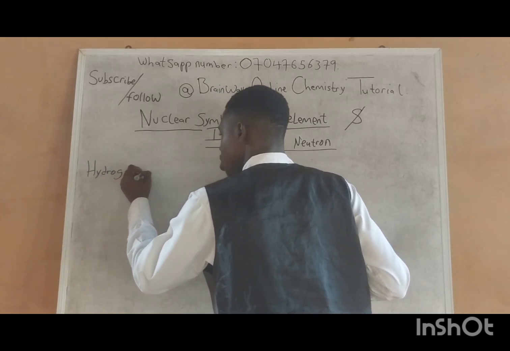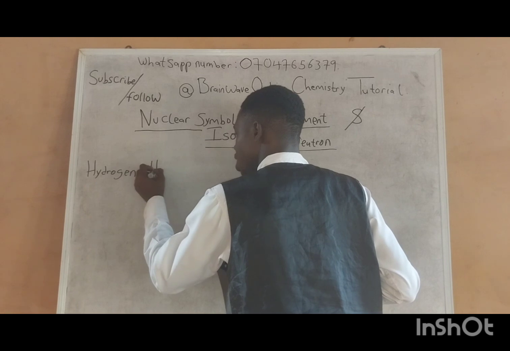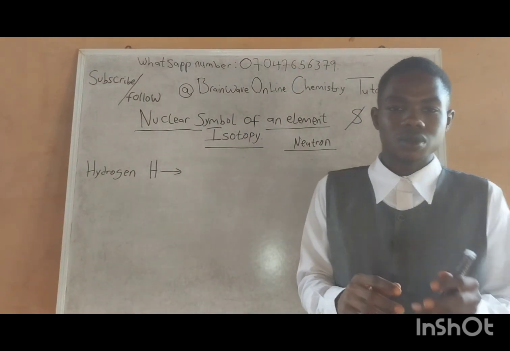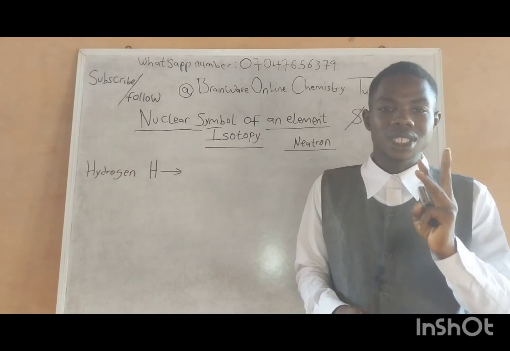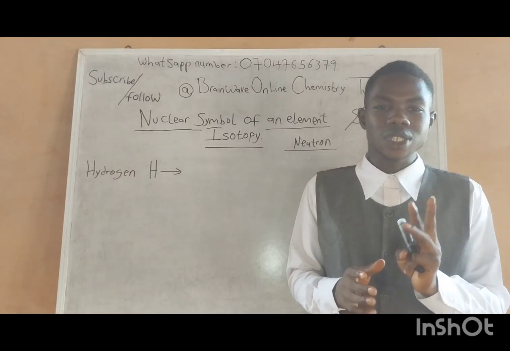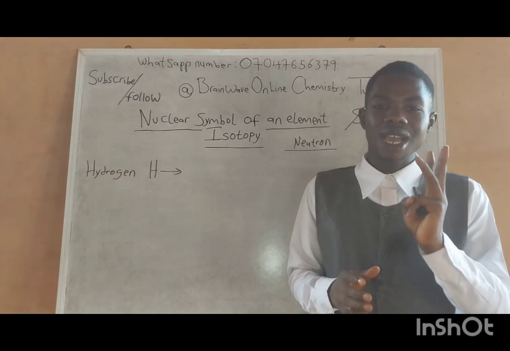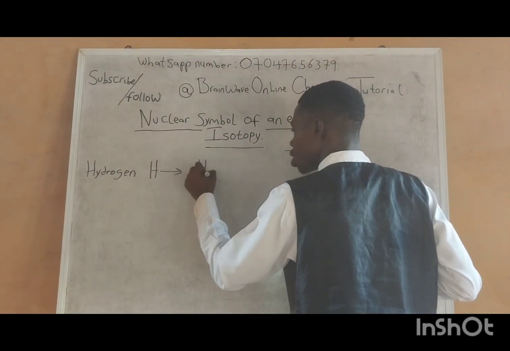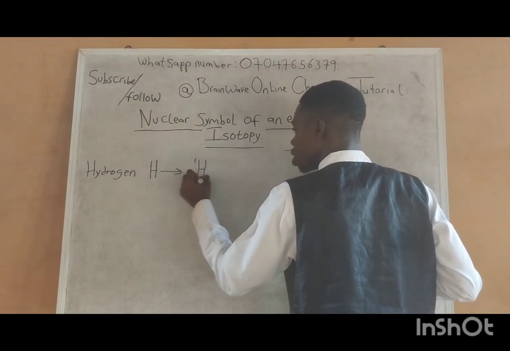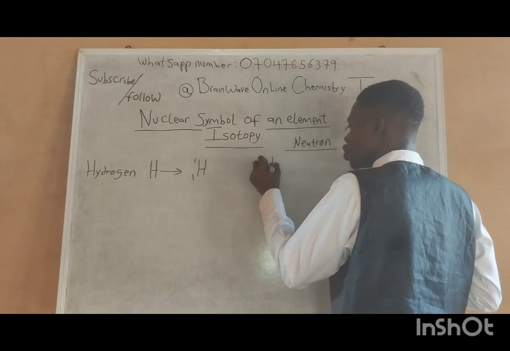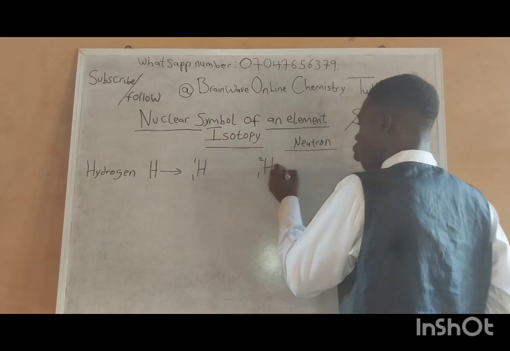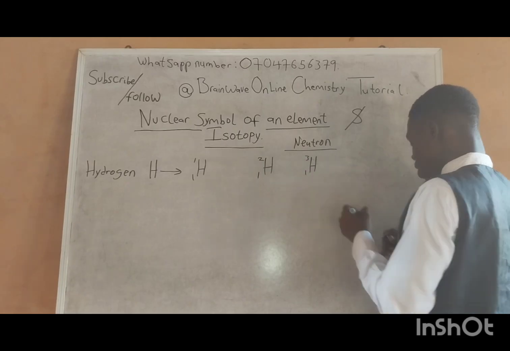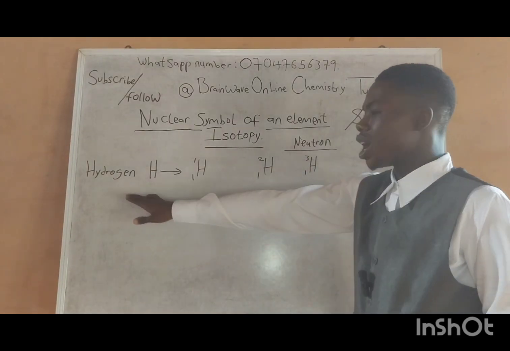Please take note that hydrogen exhibits isotopes, and hydrogen has 3 isotopes, and they include hydrogen 1, hydrogen 2, and also hydrogen 3. So these are the 3 isotopes of hydrogen.